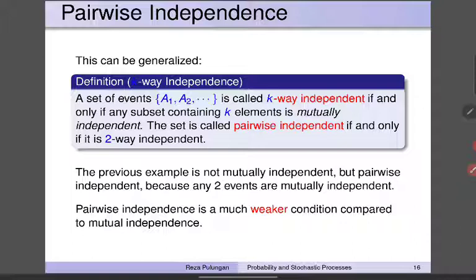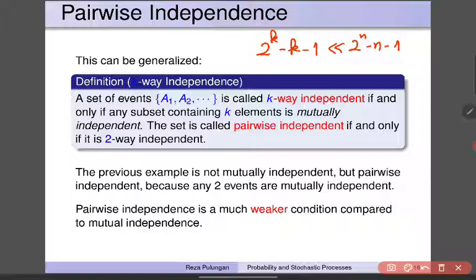Now this definition is better than the previous one in the sense that we only deal with a smaller number of conditions to check. So how many conditions do we have to check? Well, because we are talking about k elements, the number of conditions that we have to check is equal to 2 to the power of k minus k minus 1, which can be really smaller compared to 2 to the power of n minus 1 if k is smaller than n.